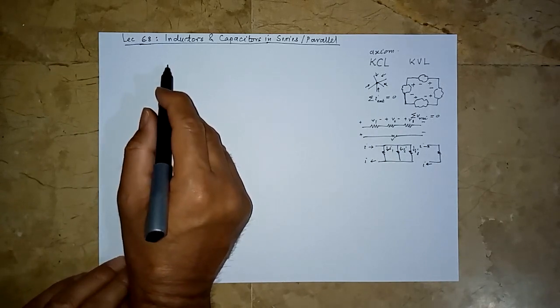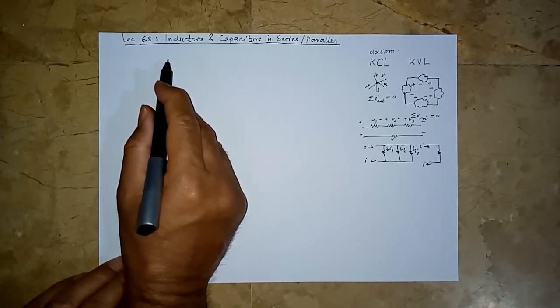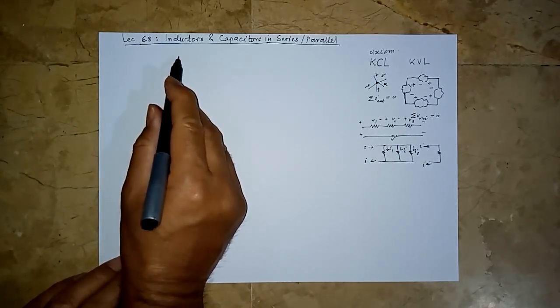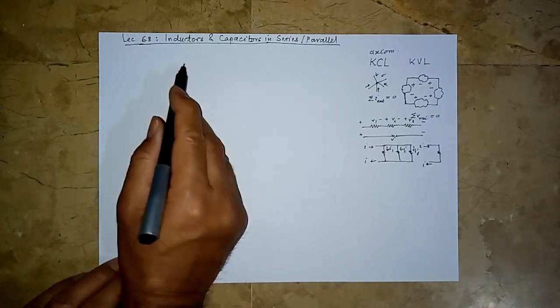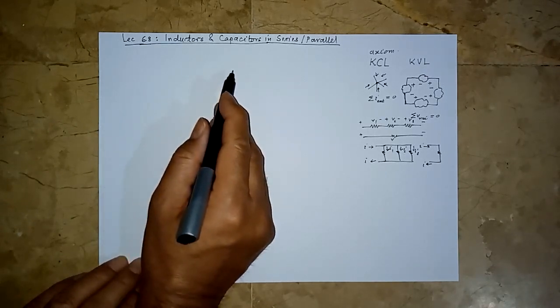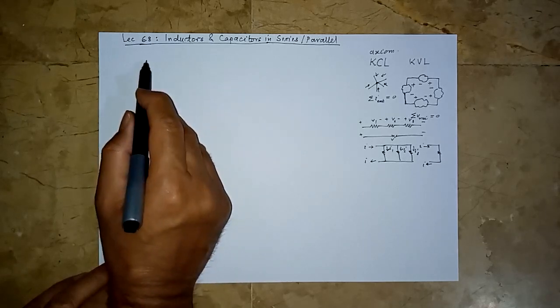In this video, I am going to do this in detail for the case of the inductor. For the case of the capacitor, you can work along similar lines to find how they behave in series and parallel.